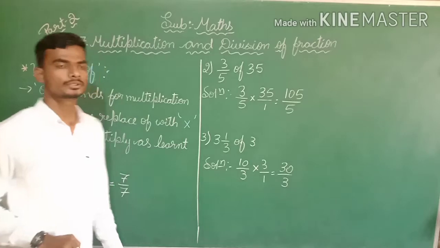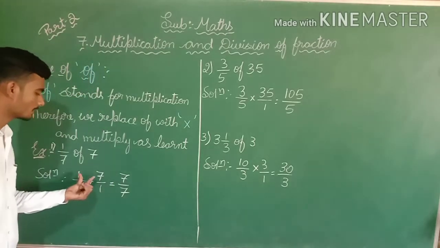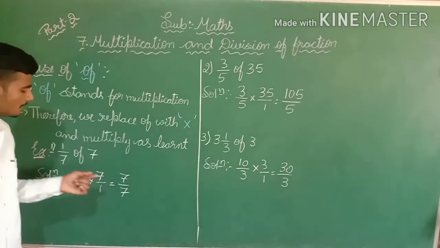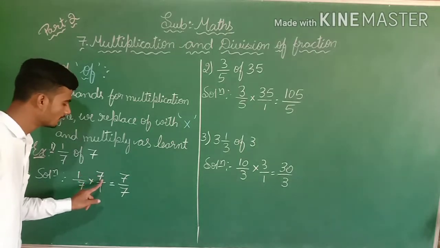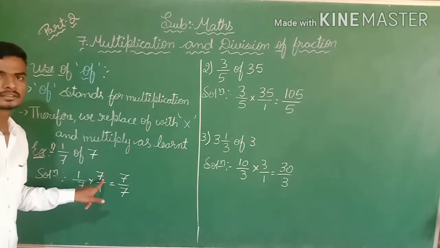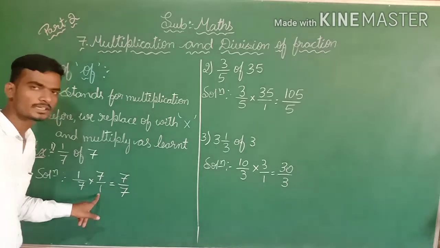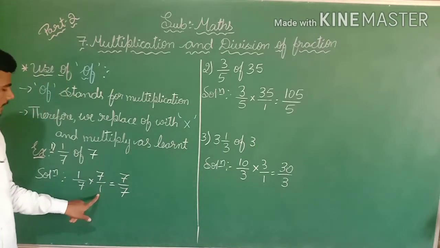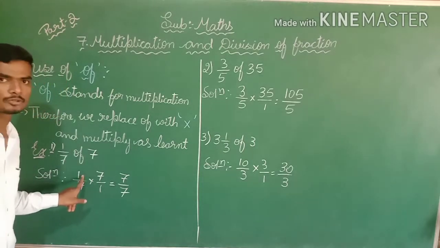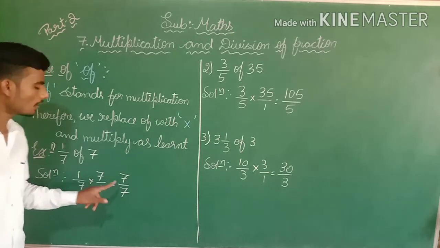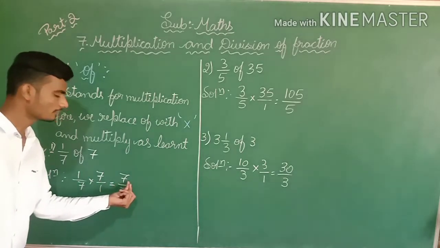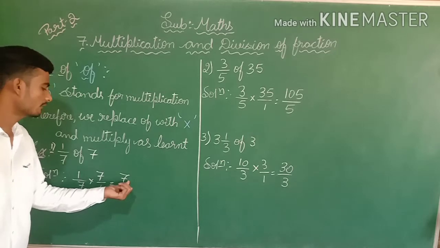Then how will you solve this problem? You have to multiply the numerator with the numerator, and the denominator with the denominator. If we multiply the numerators, what answer will we get? We will get 7.